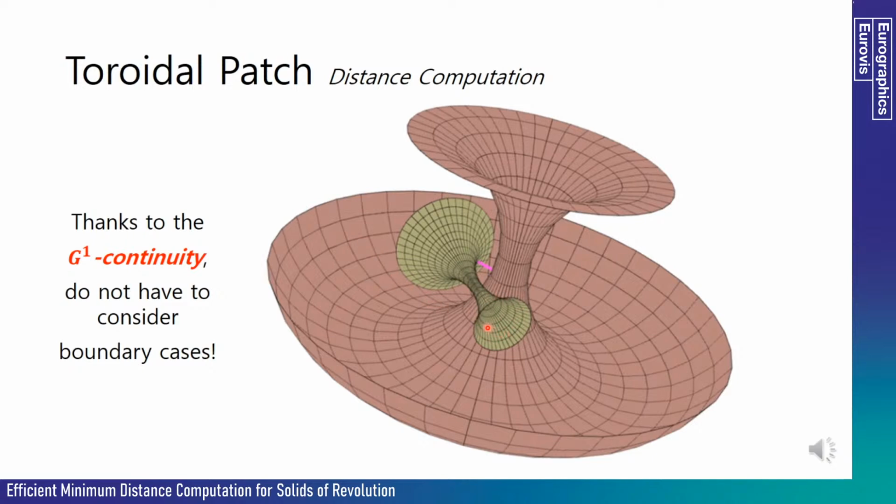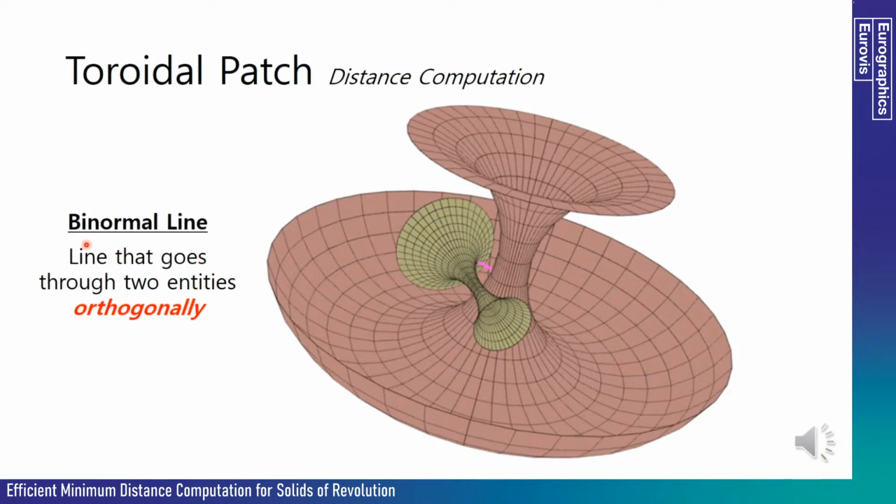This property narrows down our job to only finding minimum distance between inner part of the patches. And to do that, we have to find binormal lines between inner part of the patches. Here, we define binormal line as a line that goes through two geometric entities orthogonally. We can find such binormal lines by solving multiple constraint equations together, but we found a much easier way.